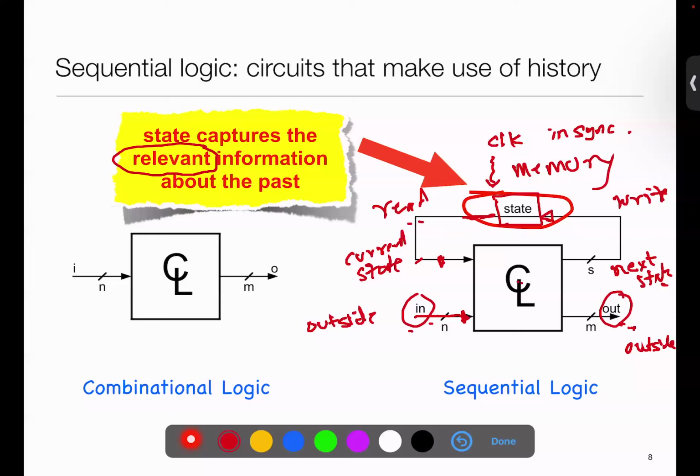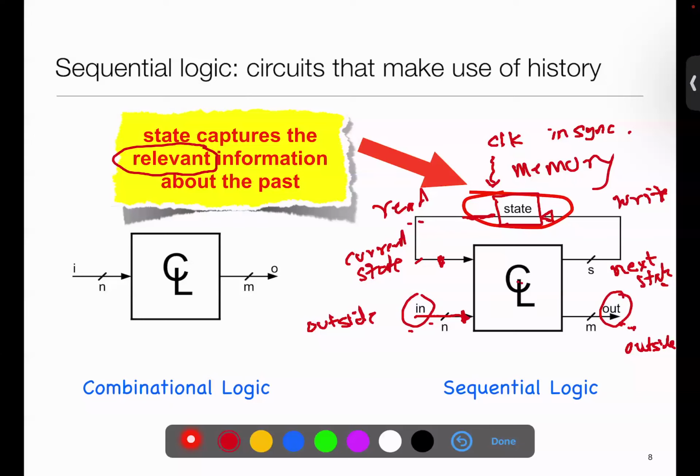Let's say, for example, the input was 1 bit, and my task was to output whether the number of ones on the input thus far is even or odd, since the system powered up.